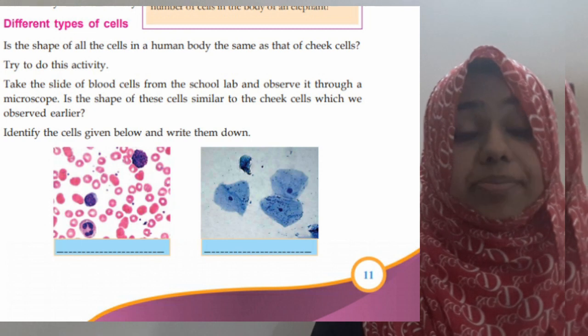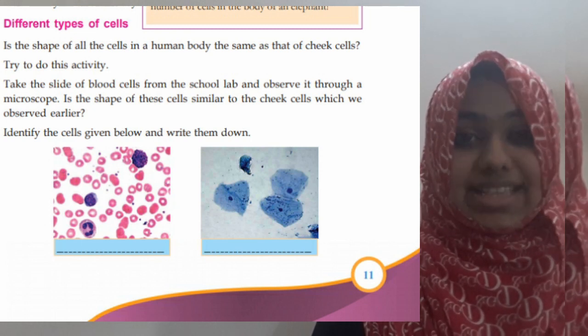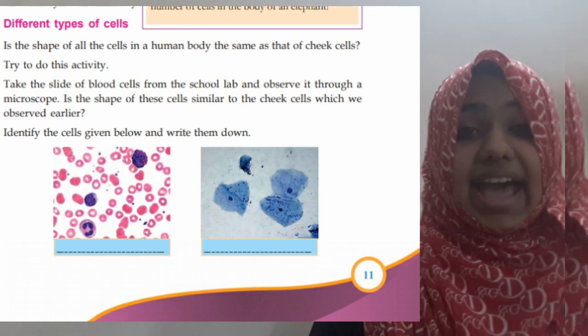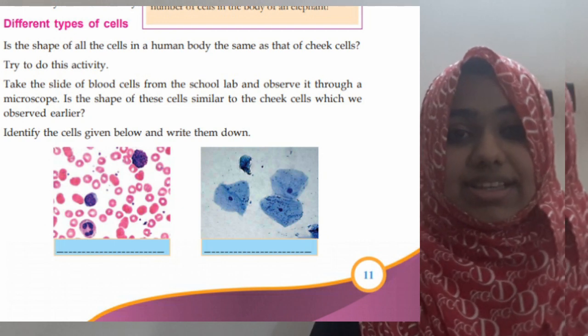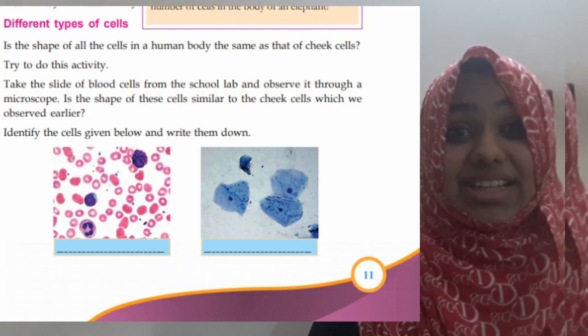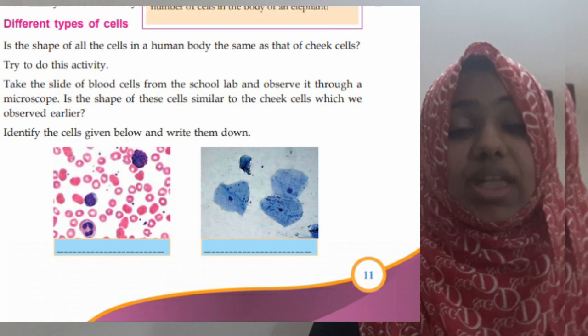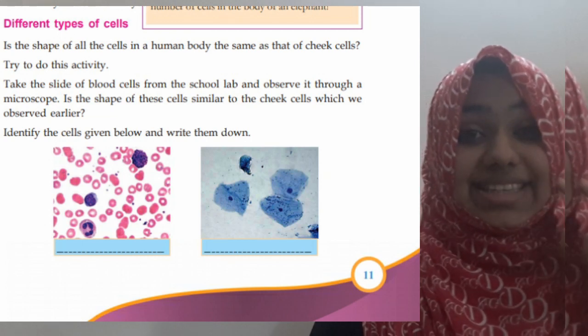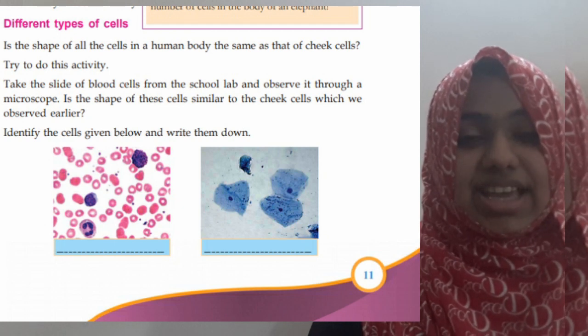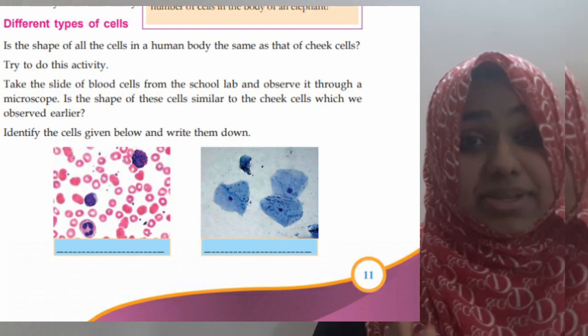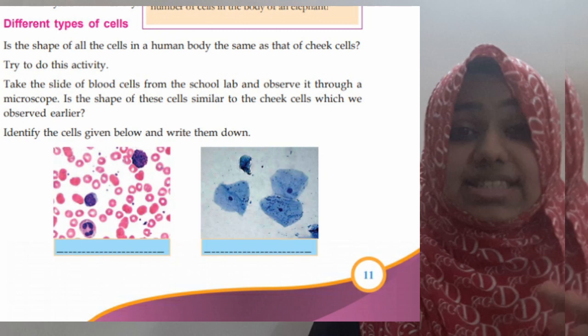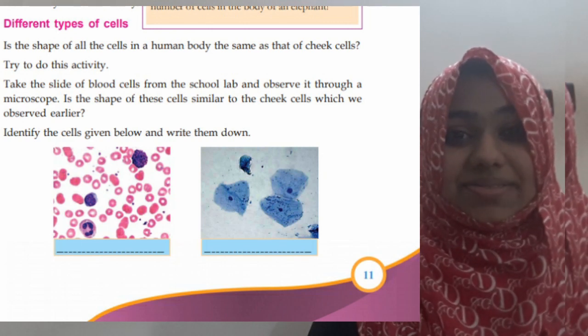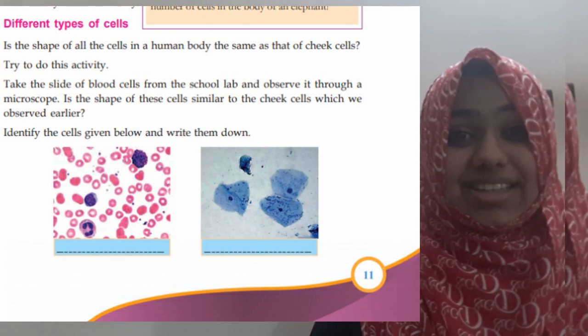Those are the RBCs or the red blood cells. And the next one is the cell we observed last week. Which was it? It was the cheek cell, right? So the first one is RBC, red blood cells, and the second one is the cheek cell. Okay, dear students, is it clear?